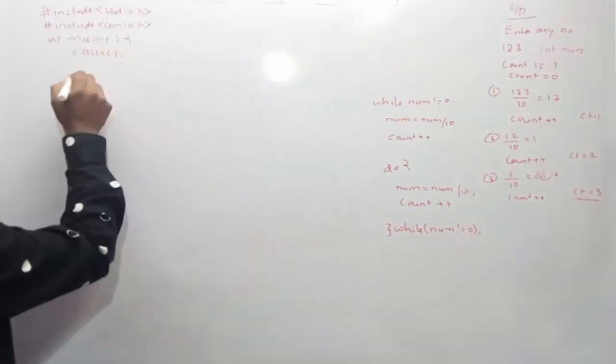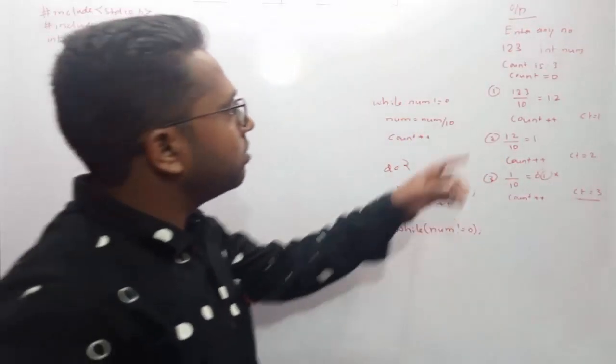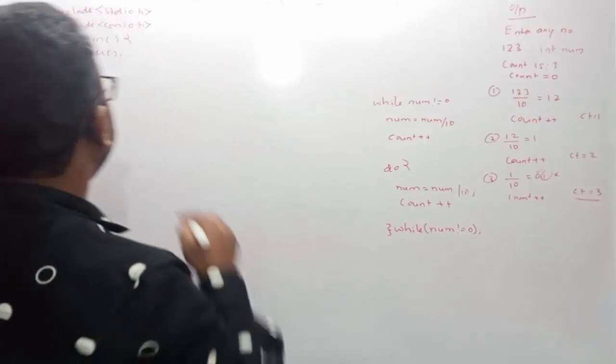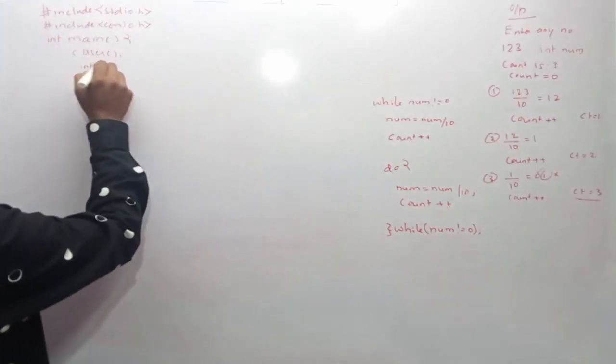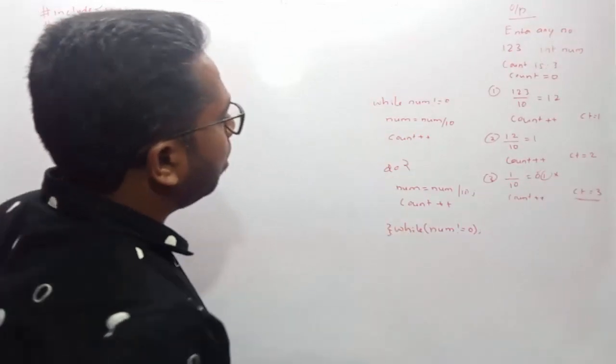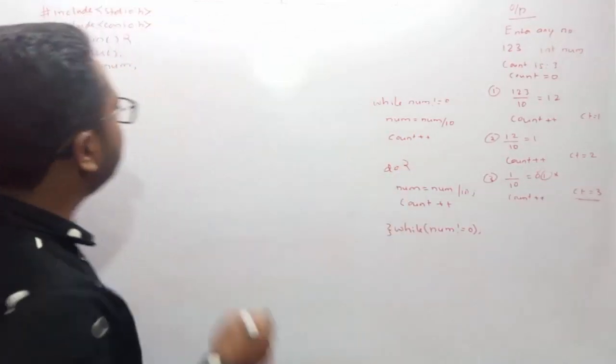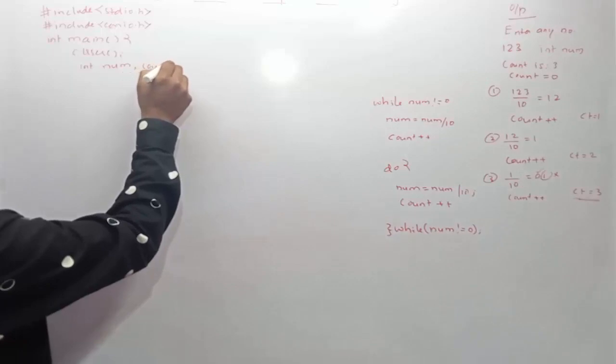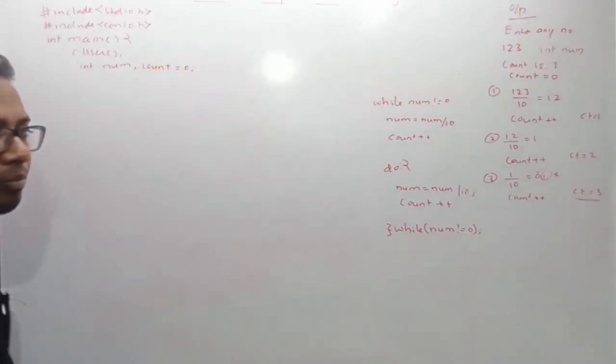Now I need to declare the variables. Since I am using the num variable and I am also using the count variable, count equals 0.